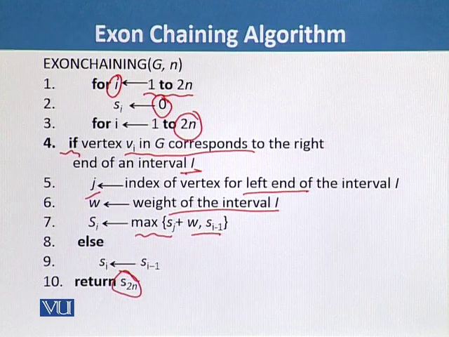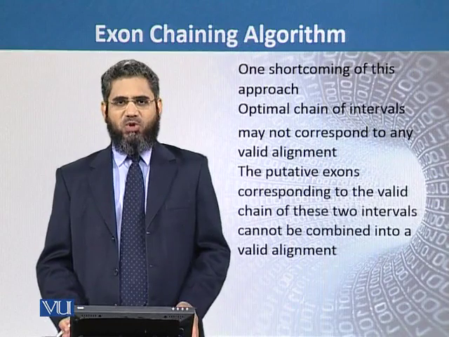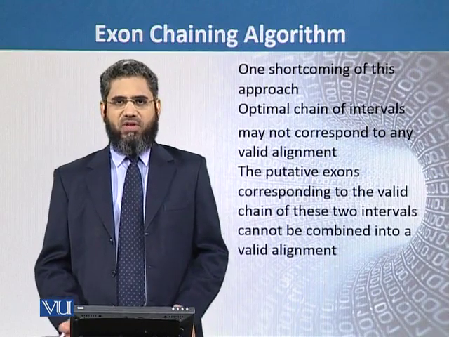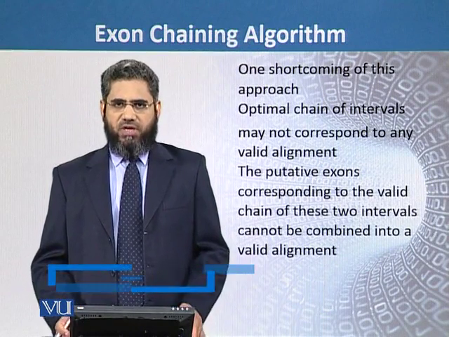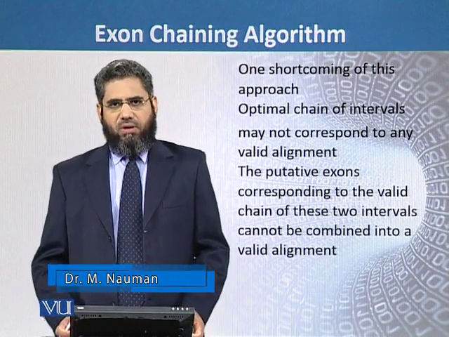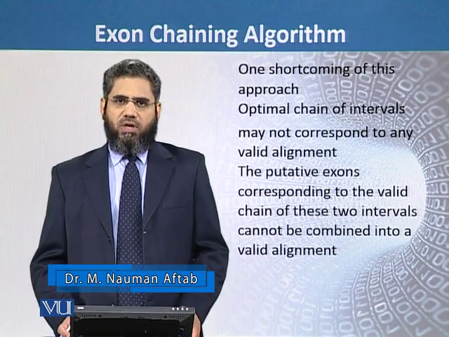So in this algorithm we have assigned the values to the right and left sides of the intervals, and then at the end we will get the value S2n. One shortcoming of this algorithm is that we do not get the conserved endpoints of the exons, and this algorithm also does not allow for this.